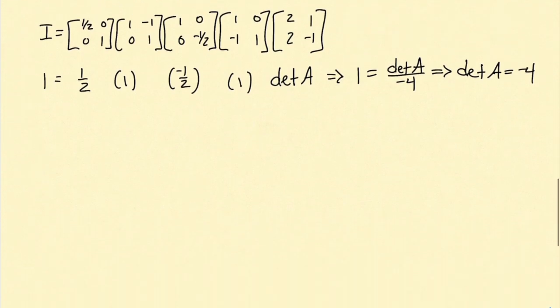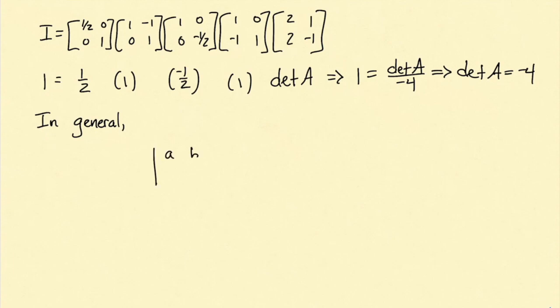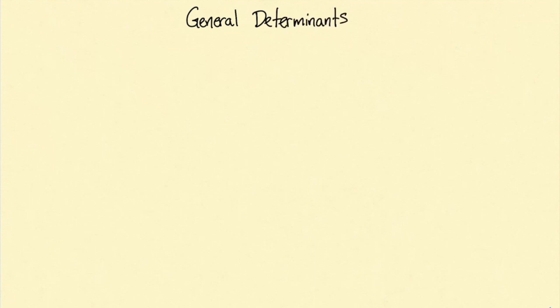In general, if you have a 2 by 2 matrix whose entries are A, B, C, D, with a little bit of work, you could show that the determinant of such a matrix is AD minus BC. For general n by n matrices, our observations extend exactly the way you would expect them to.